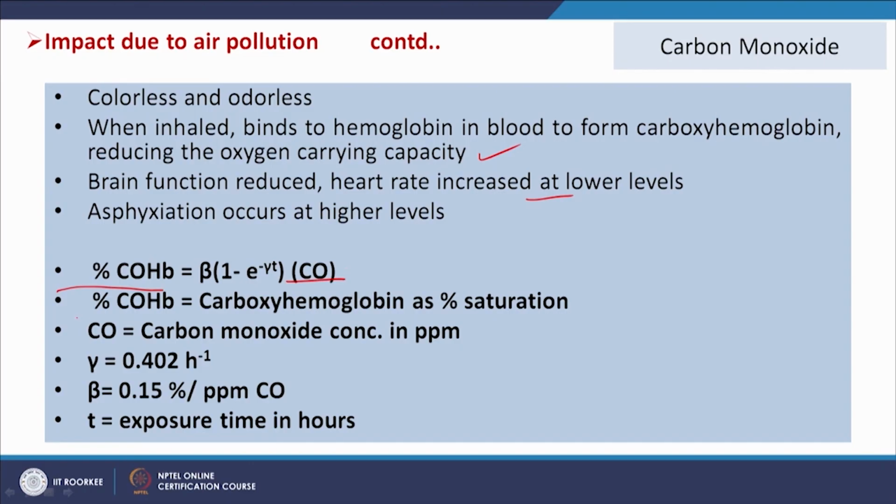So, percentage COHb is equal to gamma times CO to the power 0.402 plus beta times CO times t, where COHb is the carboxyhemoglobin as a percentage saturation, CO is the carbon monoxide concentration in ppm, gamma is a constant equal to 0.402 per hour, beta is 0.1% per ppm of CO, and t is the exposure time in hours. So, gamma and beta are constants.